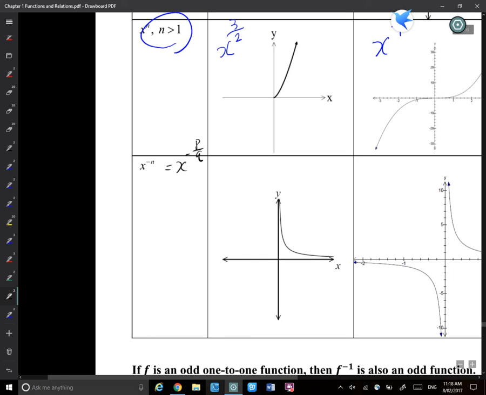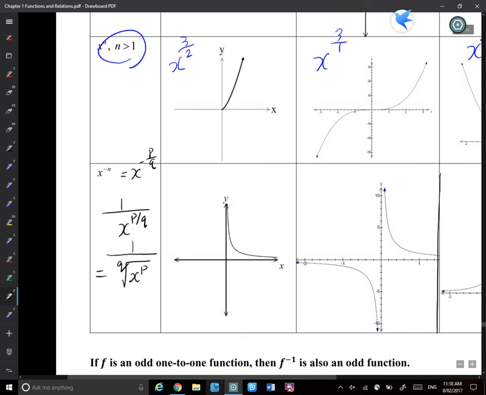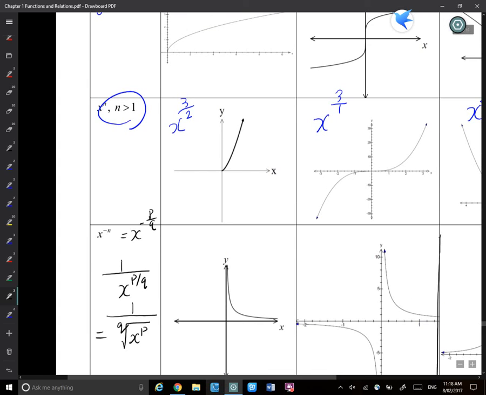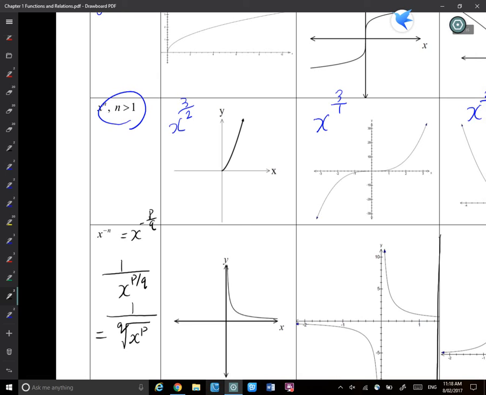So what's that equivalent to? That's equivalent to 1 over x to the power of p on q, and that is equivalent to 1 over the q-th root of x to the power of p. Compared to the first one, you just take 1 over that. It's like the reciprocal function. You take 1 over that function, right?